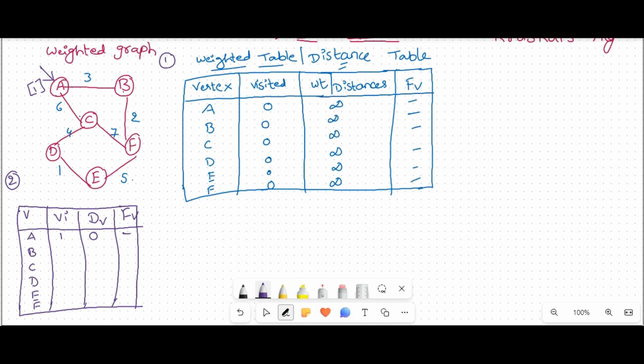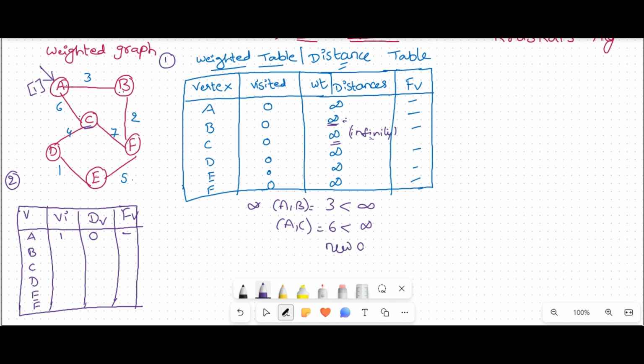What is the distance B already has? Infinity. C has infinity. Now, what is the distance from A? A to B is 3 units, and A to C is 6 units. Compare with the old distances. The old distances are infinity, so 3 is less than infinity and 6 is less than infinity.